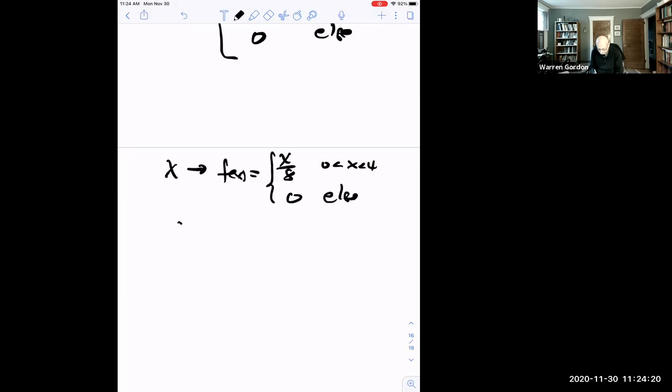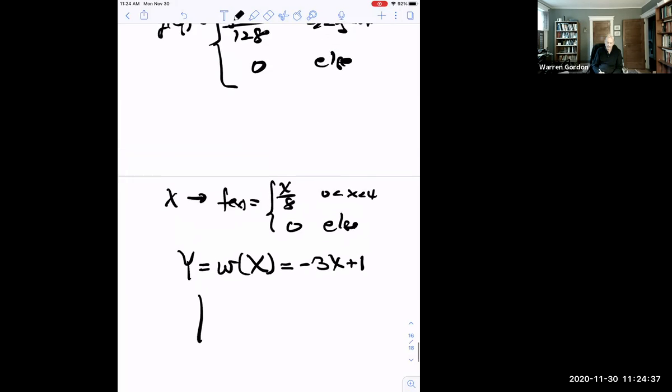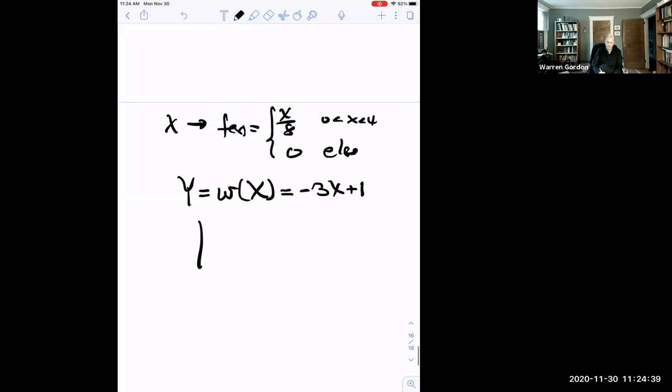And now let's suppose the change of variable, what I call y, is equal to negative 3x plus 1. So observe, when x is 0, y is 1.